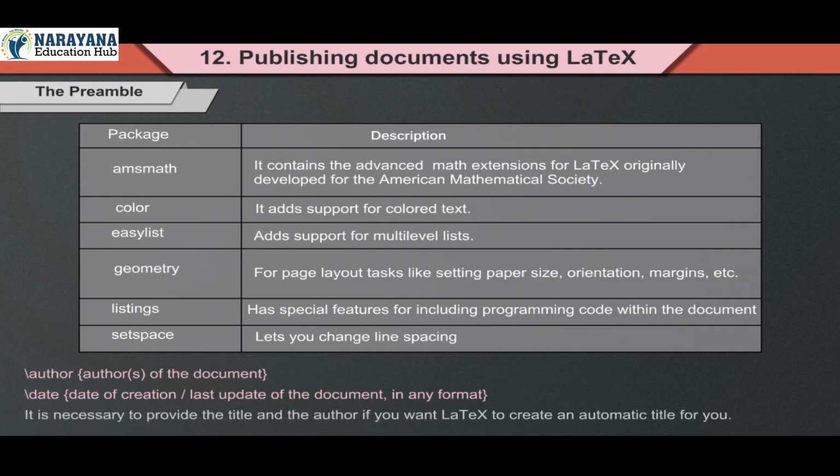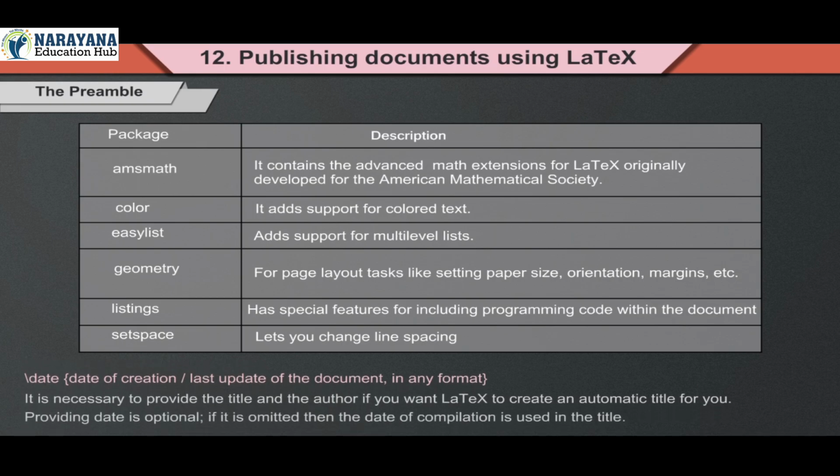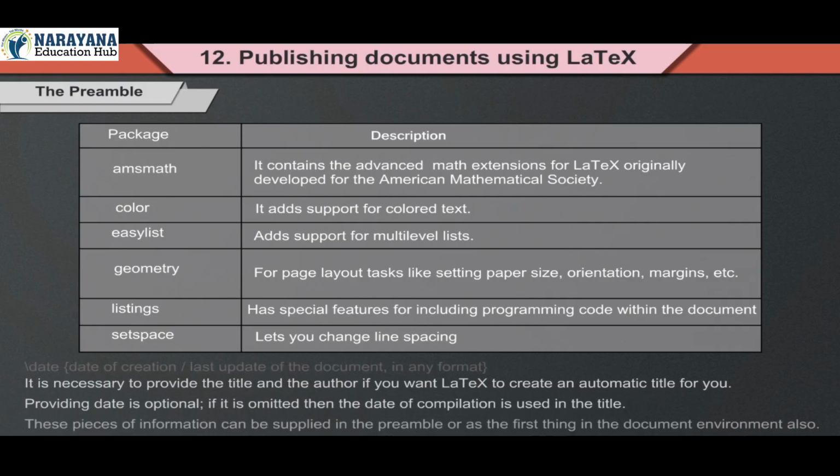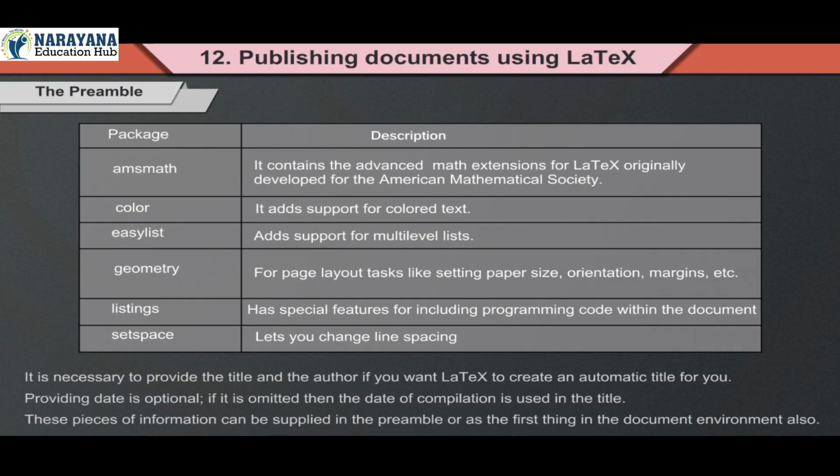It is necessary to provide the title and the author if you want LaTeX to create an automatic title for you. Providing the date is optional. If it is omitted, then the date of completion is used in the title. These pieces of information can be supplied in the preamble or as the first thing in the document environment also.